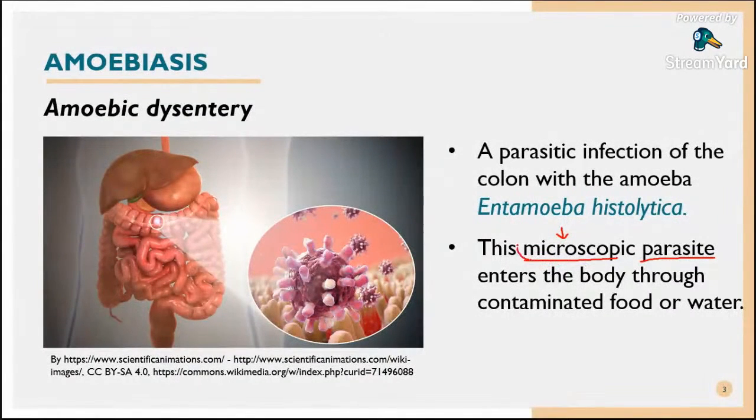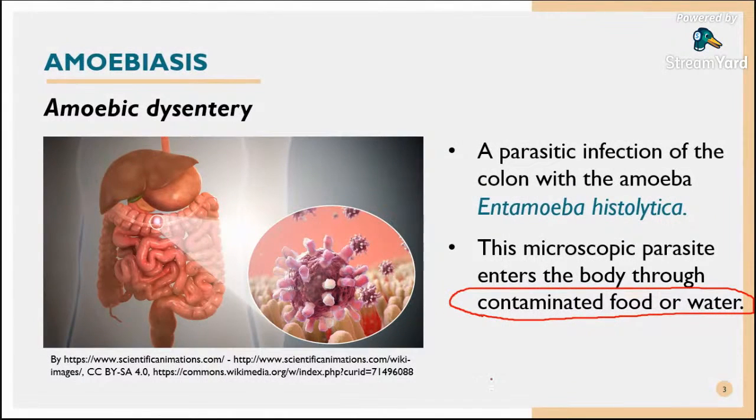So it is a microscopic parasite that enters the body through contaminated food and water. Remember, this type of dysentery, amoebic dysentery, is because of ingestion of contaminated food or water.